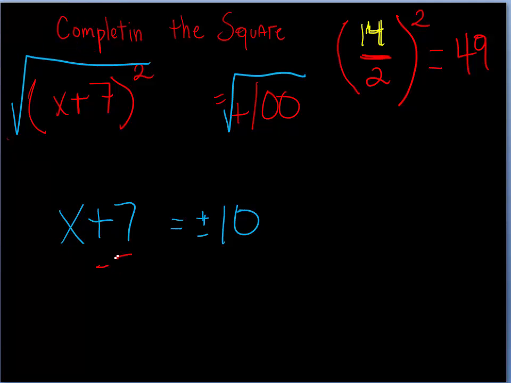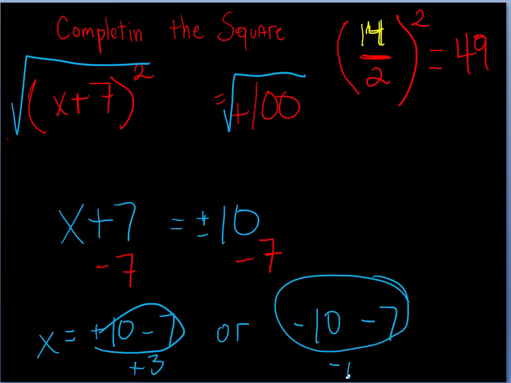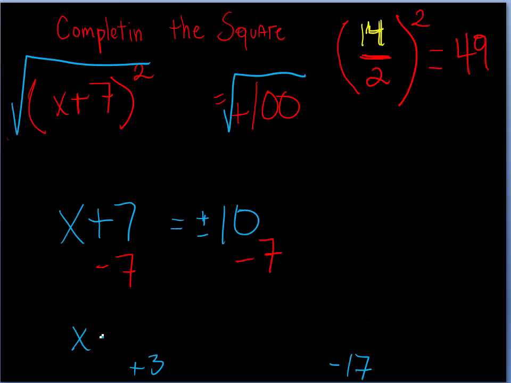I do that by subtracting 7 from the left side and from the right side, so that I will have two answers. X will either be positive 10 minus 7 or negative 10 minus 7. To simplify that, this is positive 3 and this is negative 17. So x equals positive 3 or negative 17.